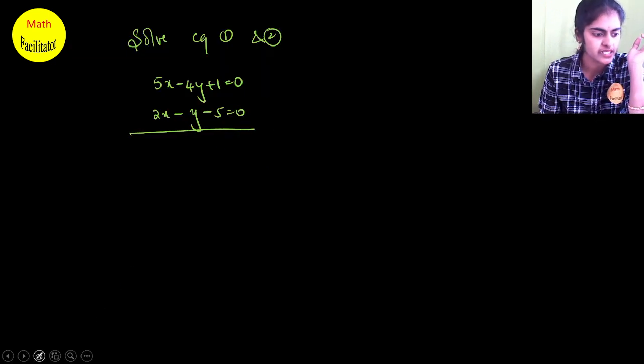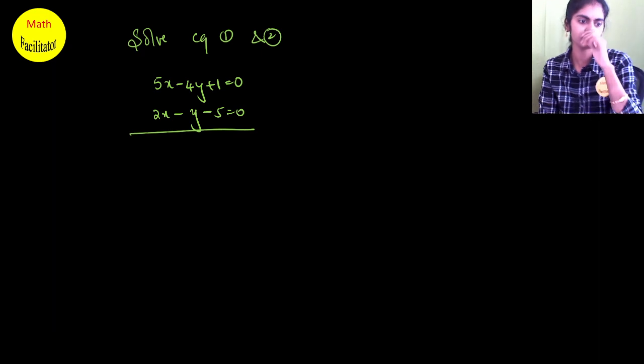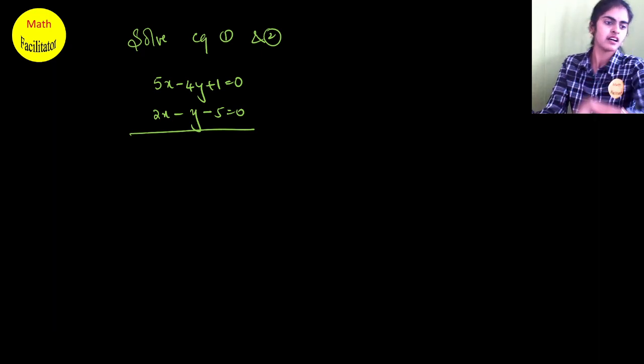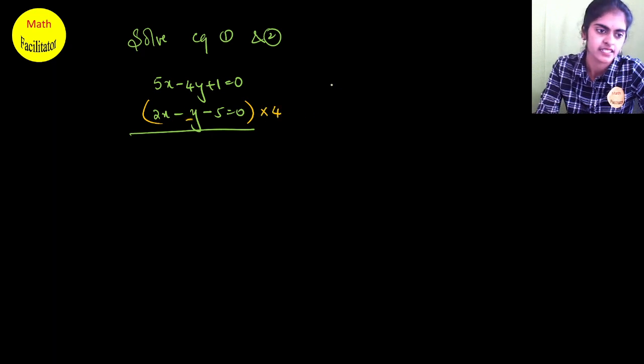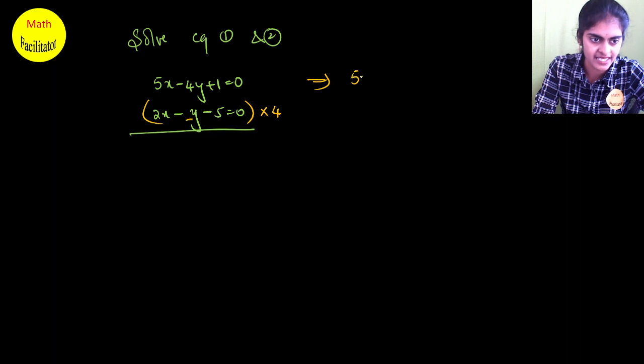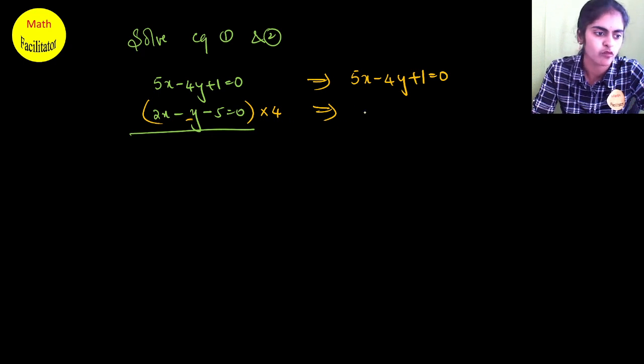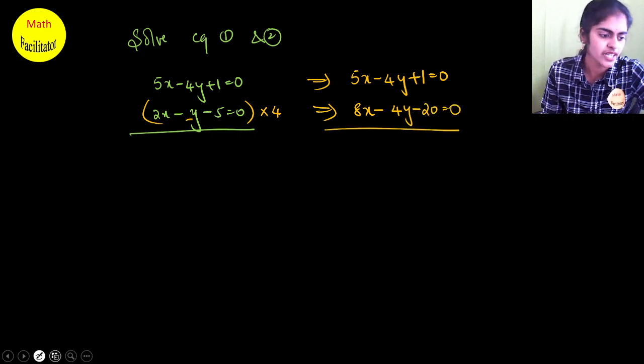To solve these two, I cannot directly solve. If I want to eliminate y, I need to multiply this equation by 4. Then this becomes 4y, isn't it? So first equation you will write as it is, 5x minus 4y plus 1 equal to 0. Second equation I have to multiply by 4. So 4 into 2 is 8, 8x minus 4 into y is 4y minus 5 4s are 20 equal to 0. Should I add or subtract?